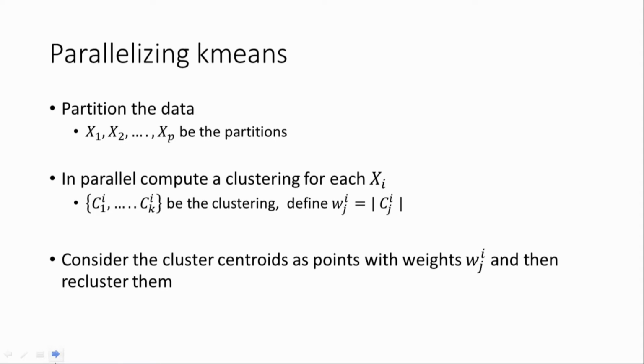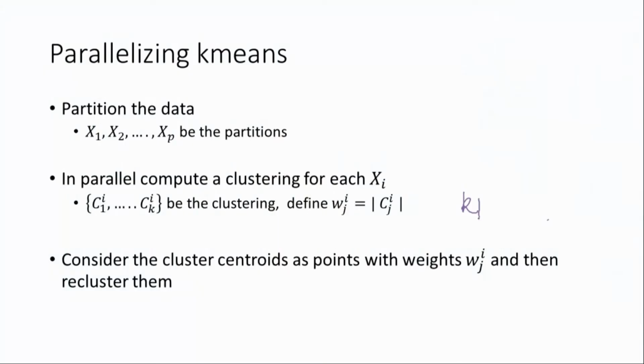Each machine now sends only the cluster centers, but gives each a weight. It assumes that all the other points are collapsed to this one cluster center. So now you have a number of points equal to k times p, where p is the number of partitions and k is the number of cluster centers initially. So only this many points and weights on these points.